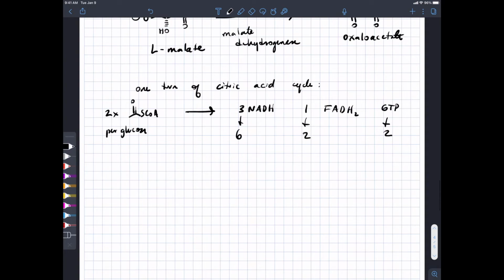And then each NADH can make 2.5 to 3 ATP. I think your text says 2.5 in the electron transport chain, so we'll go with that. What is that, 15? 15 ATP from there. 1.5 from FADH2 in the electron transport chain. That's 3. And then 2 ATP equivalents.